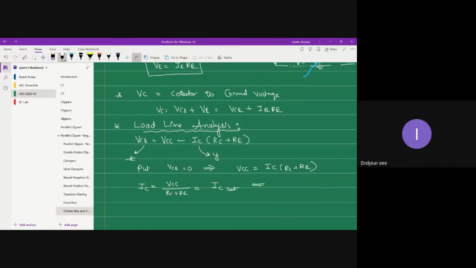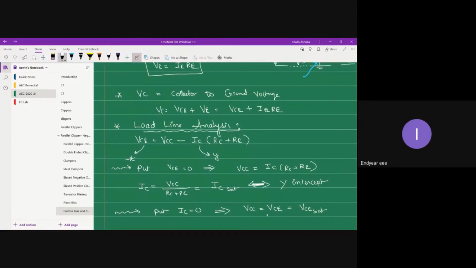This IC saturation serves as your Y-intercept. On the other hand, when you put the Y variable as 0, that is IC as 0, you get VCC is equal to VCE, and this represents the maximum VCE value.